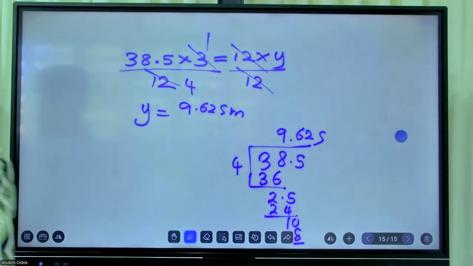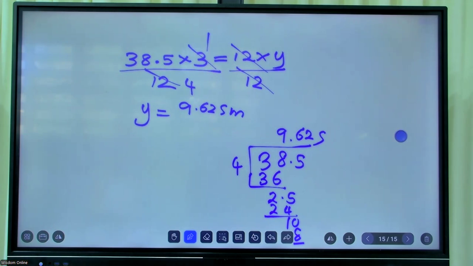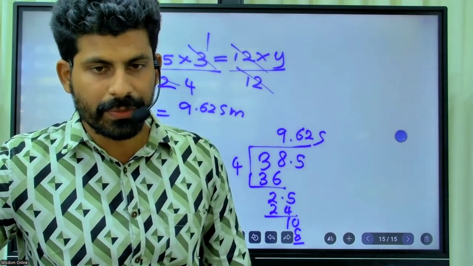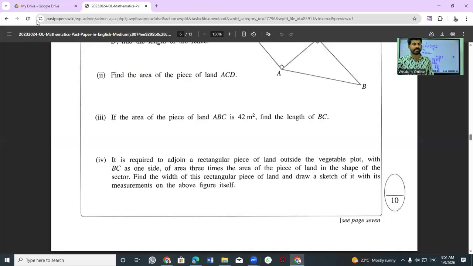Quickly do this one. Okay. Let's quickly move to the next one. Look at the next one.